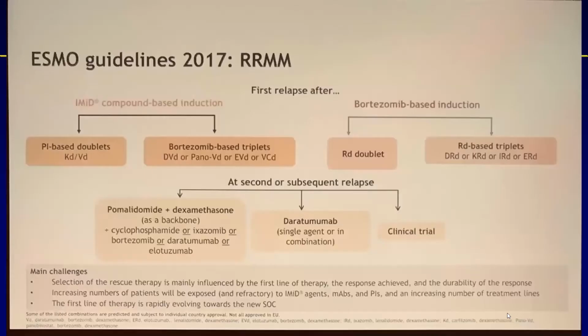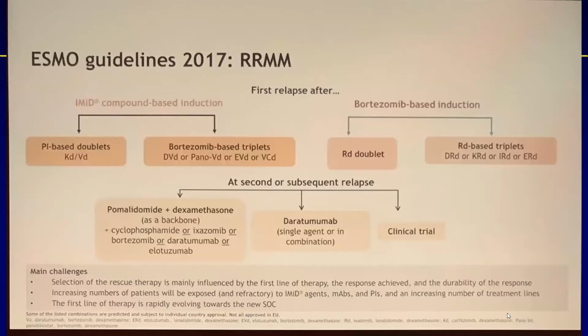This is just to start with, the ESMO guidelines, 2017, in relapsed refractory multiple myeloma. At first relapse, they divided the patients into two groups, whether IMiD compound-based induction or bortezomib-based induction.